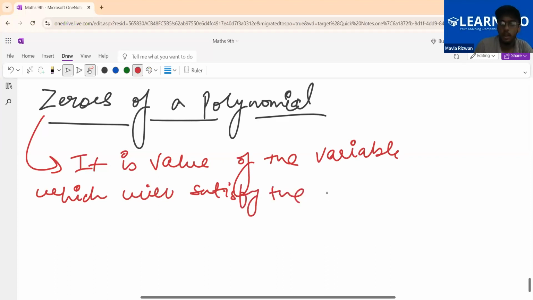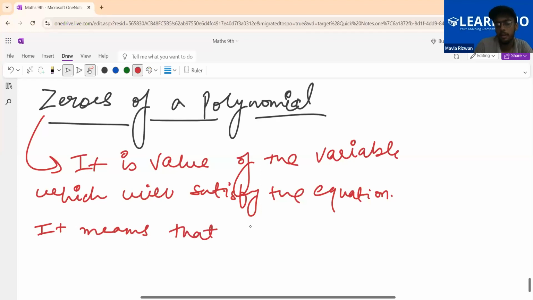And satisfying the equation means that it will make the equation's value zero.